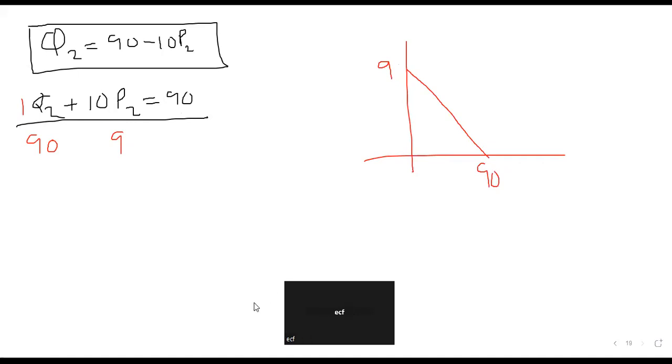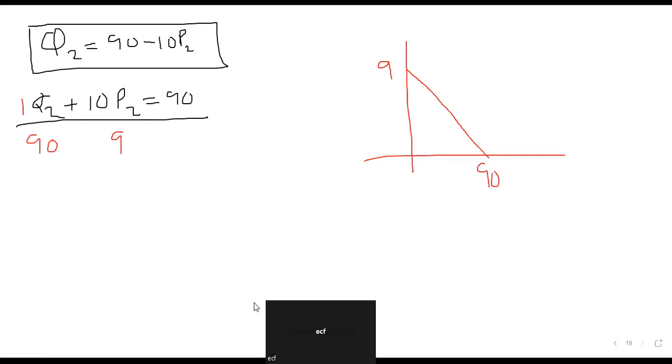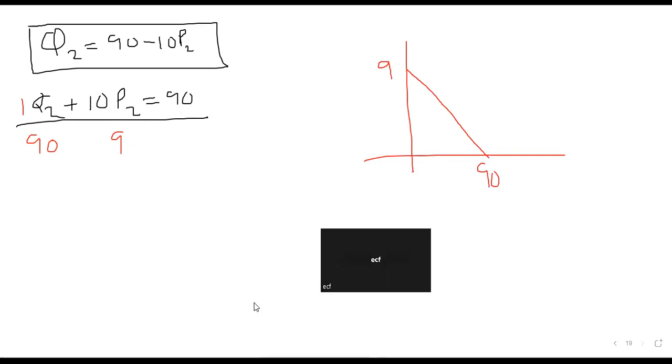Firm 1 was cutting at what point? The 7 and 210. All right, so I want you to understand how the oligopoly is coming in place. So how do we find the inverse demand for this firm here? What does it mean to have an inverse demand?